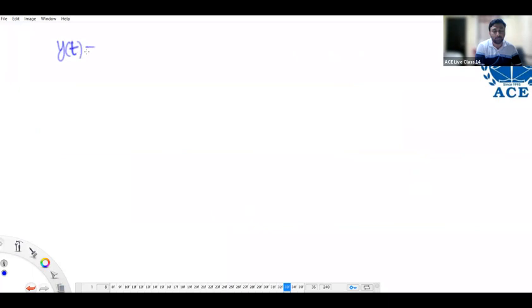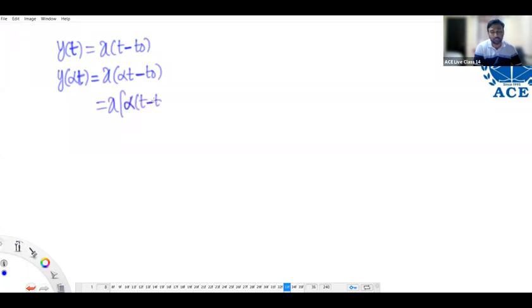Suppose I have given the shifted form of the signal like this. I want a scaled form of it. I should write the answer as alpha t minus t naught, or alpha into t minus t naught. Everyone should respond in the chat box. First expression correct or second expression correct?